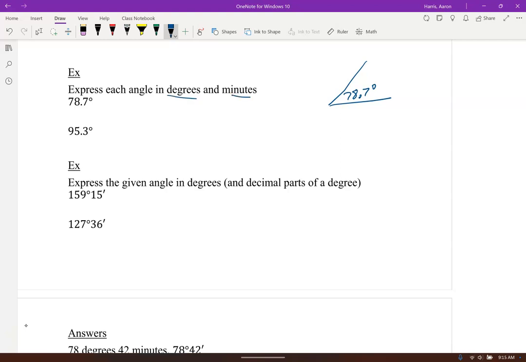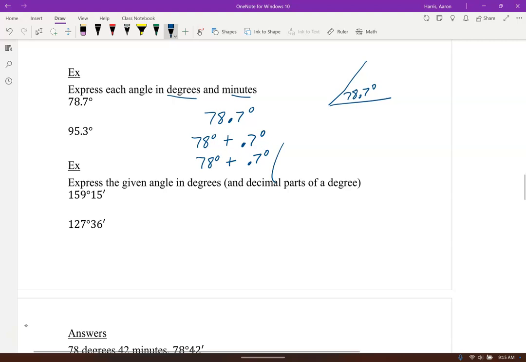So we take the 78.7 degrees and say, that's 78 degrees plus the 0.7 degrees. Now the problem is the 0.7 part. We're okay with the 78 degree part. So we go 78 degrees, but we got to convert this 0.7 degrees to minutes.